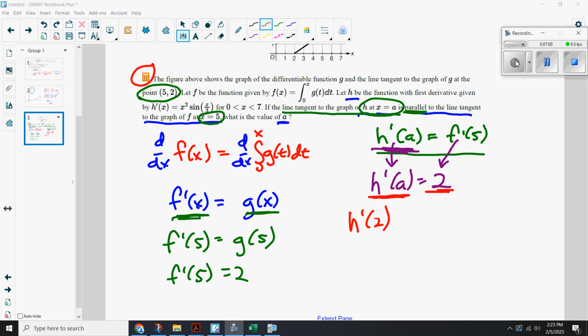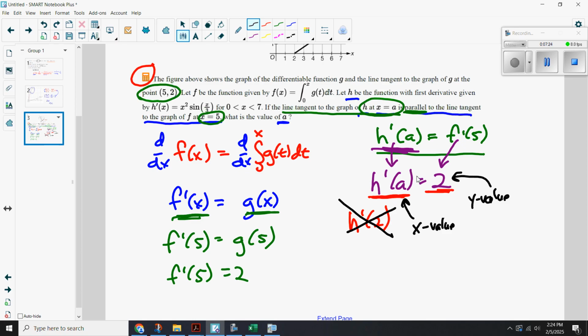And again, looking at what the question is asking me, it's not asking me for h prime of 2. It's asking me what value of A, that is what x value, will have a y value of 2.